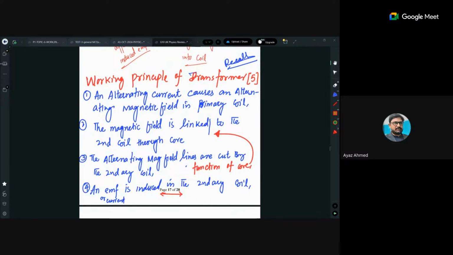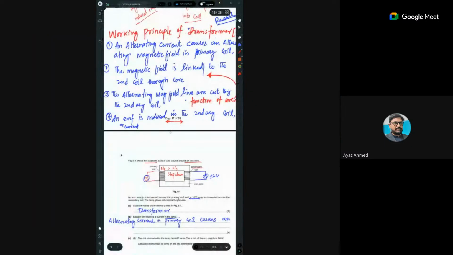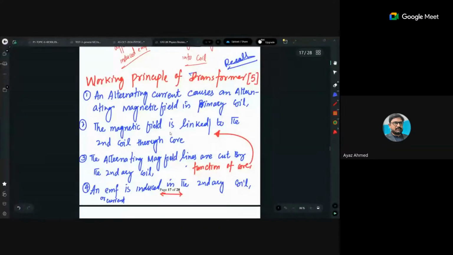There is a variable current at the input coil because it is alternating current. When the current is alternating at the input coil, it provides an alternating magnetic field, because the magnetic field is directly proportional to the current.